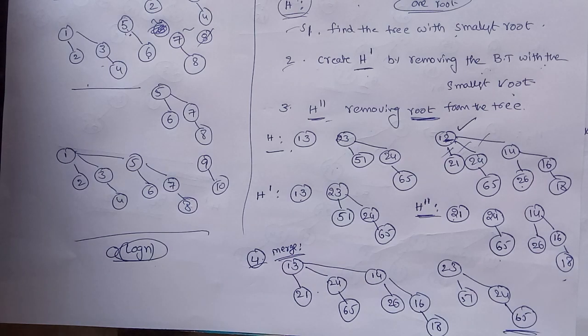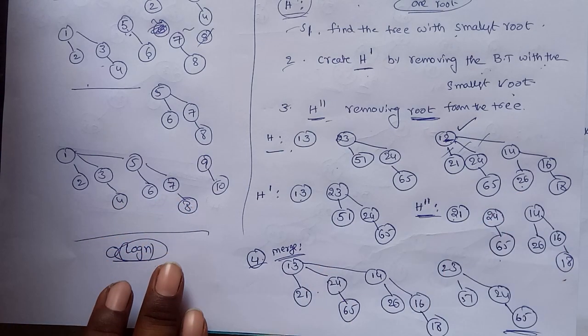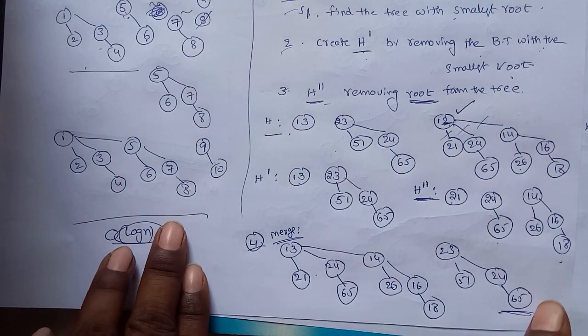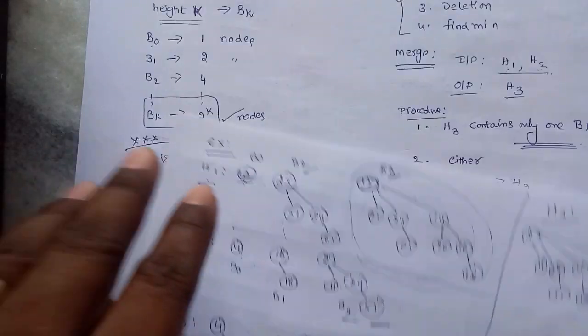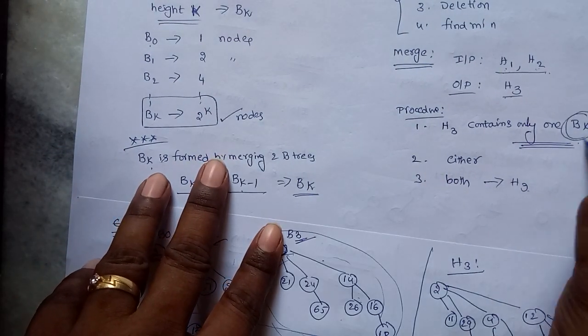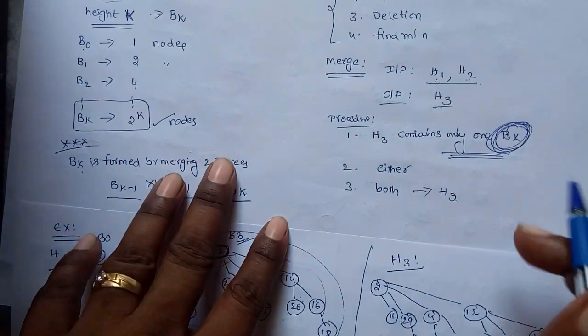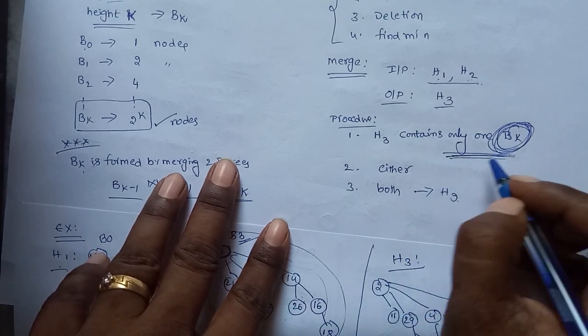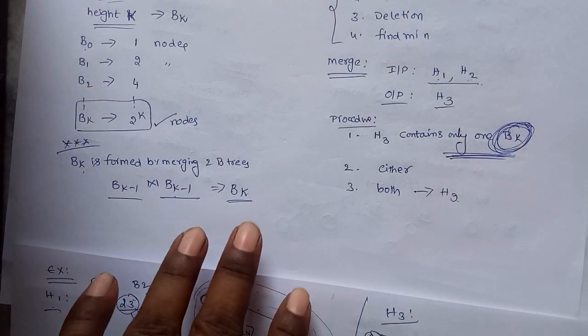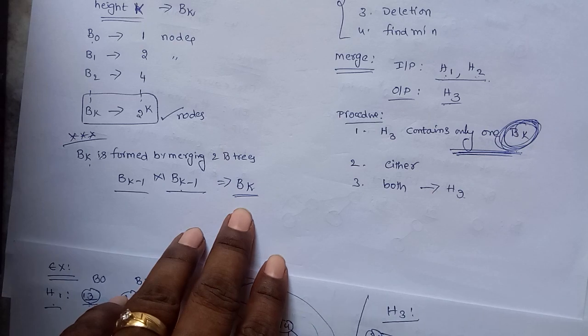Whether it is insertion or deletion or merging, everything depends on the merge operation. And remember, the only important point is that at the time of merging, the resultant contains only one Bk.